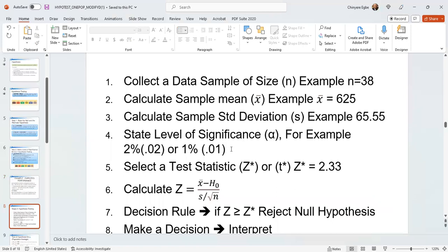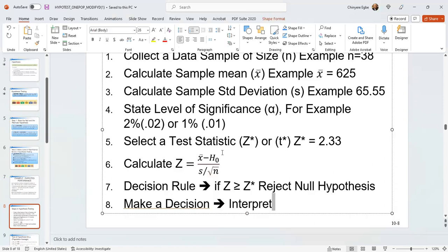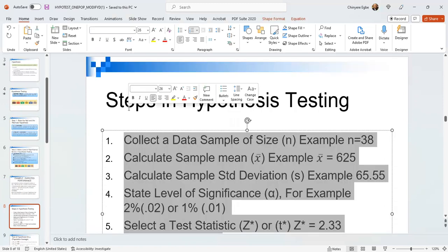Like we said, we collected sample data from 38 days. We calculated the sample mean of 625, and the sample standard deviation of 65.5. Now, in order to test a hypothesis, you have to state the null hypothesis.